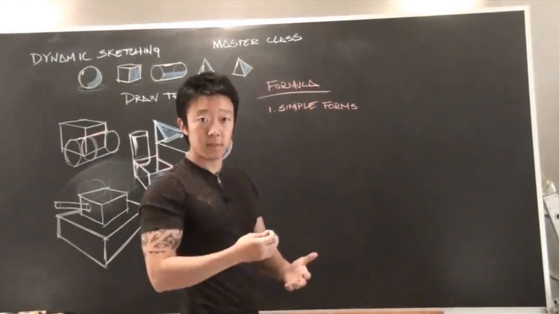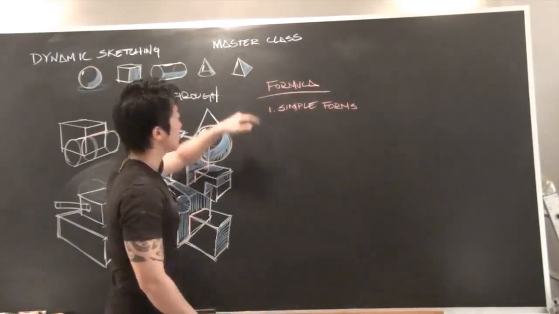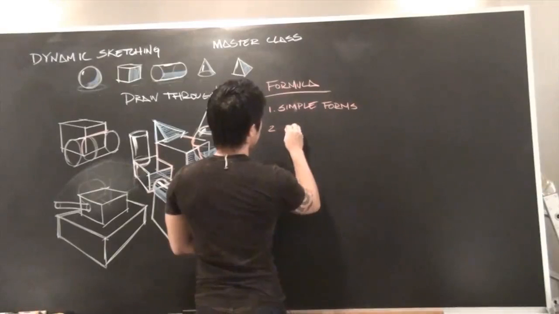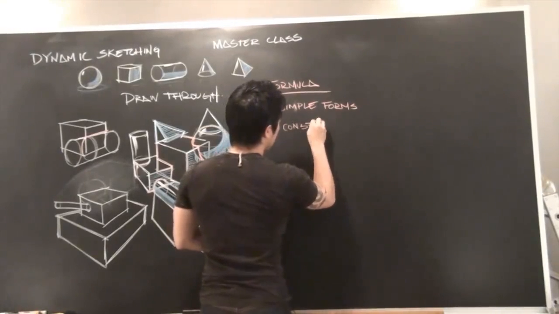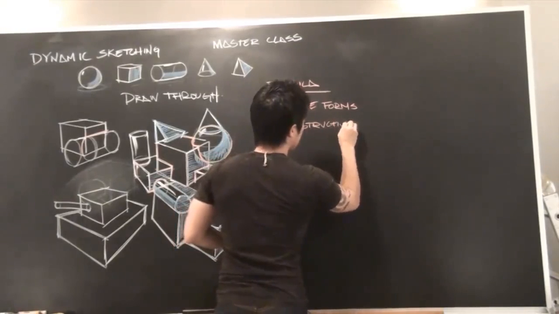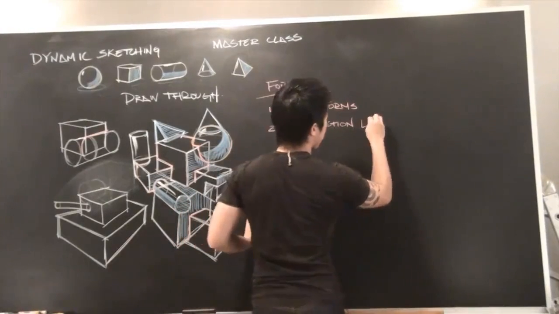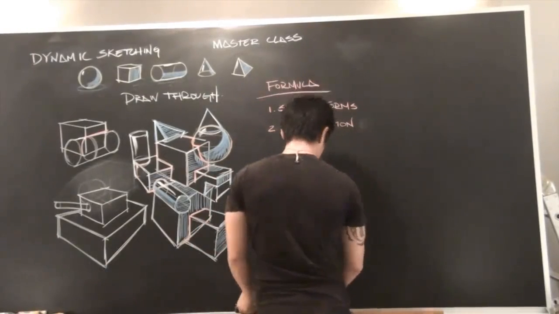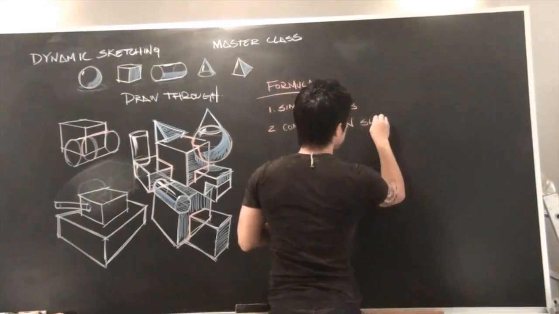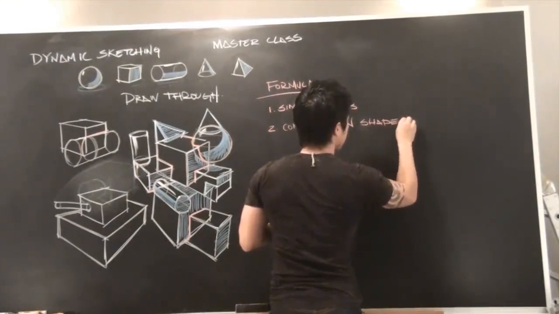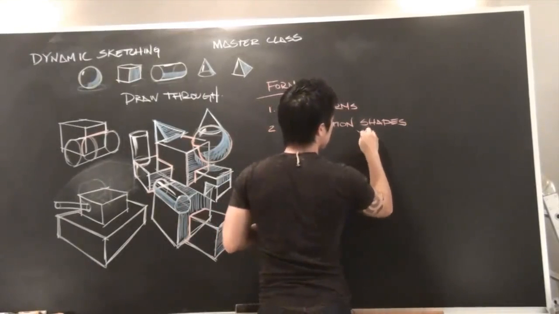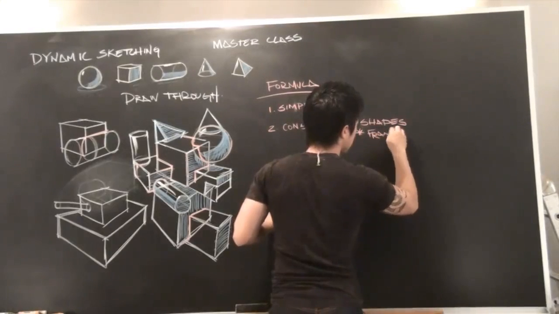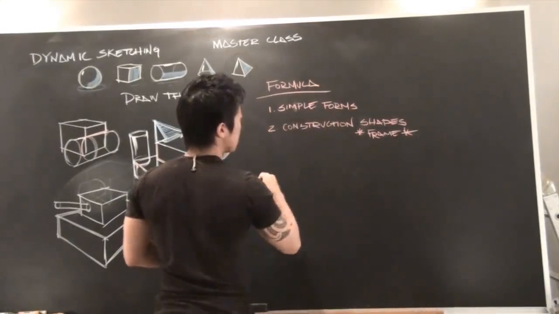One, simple forms. Your 5 shapes are your simple forms. 2, your construction shapes or frame.